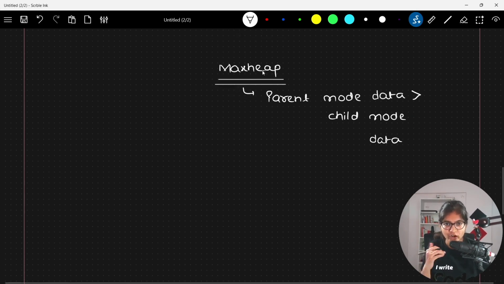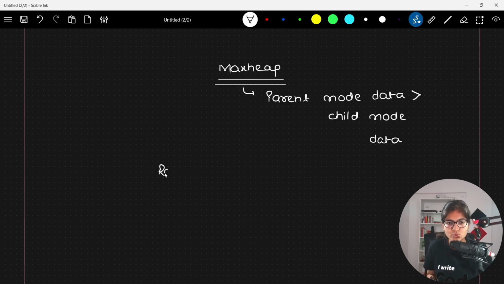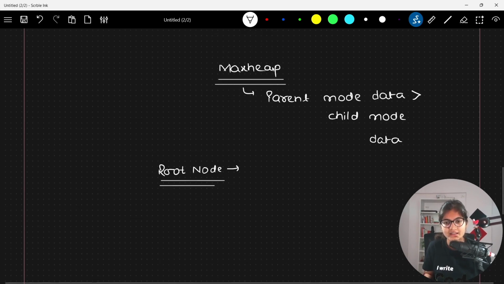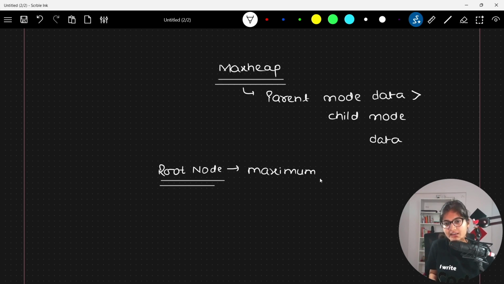It means that when we are talking about a Maxheap, the root node will contain the maximum or largest element in your array. Whatever the largest element is, it will always be present at the root node of the Maxheap.